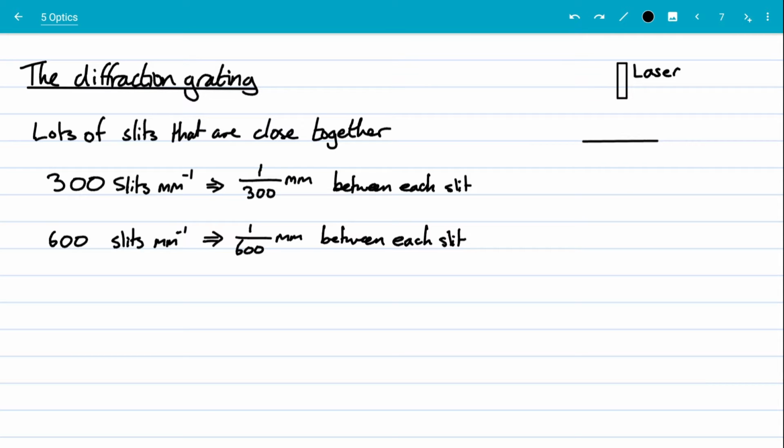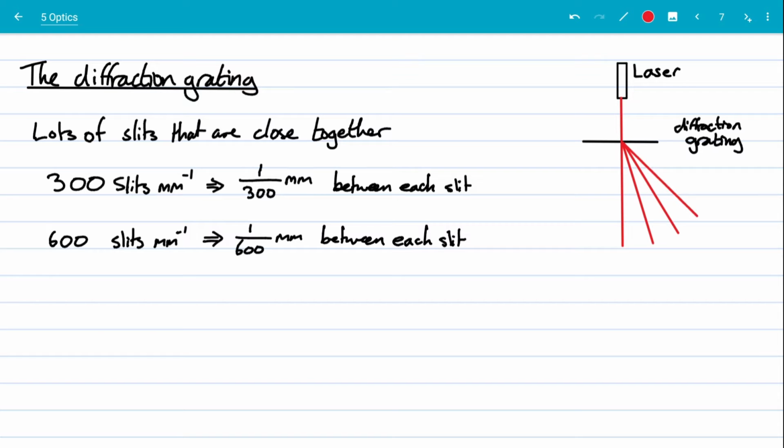That is an awful lot of slits very close together. And I'll label that diffraction grating. Then we are going to get a beam that, rather uninterestingly, goes straight through. But we're also going to get beams that come through at different angles, like this.